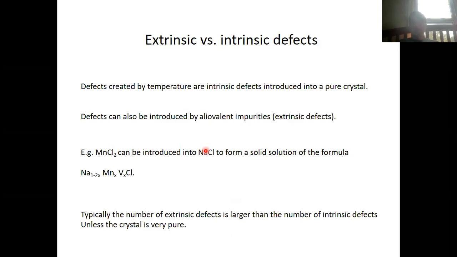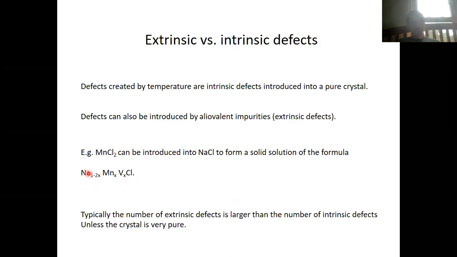Now, the manganese has a 2+ charge, while sodium has only a 1+ charge. So for that reason, we now need fewer chloride ions, and therefore some chloride ions in the crystal structure are missing, creating vacancies.